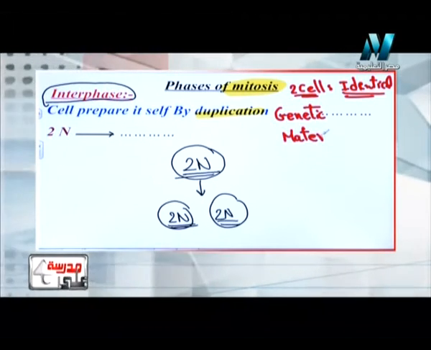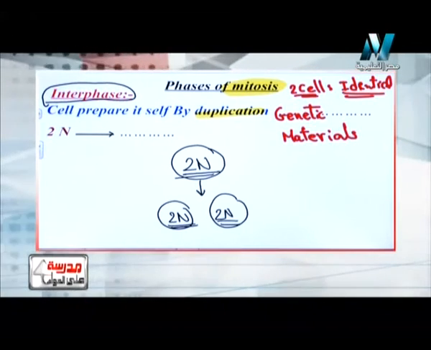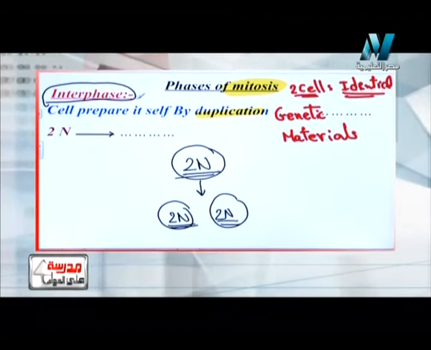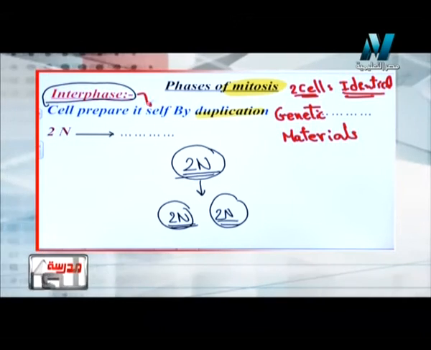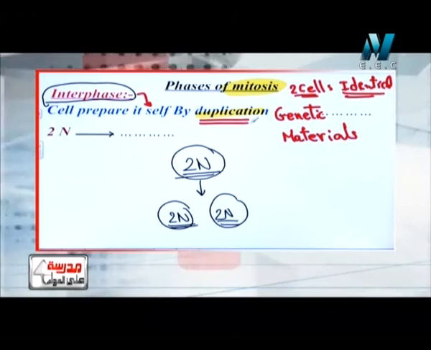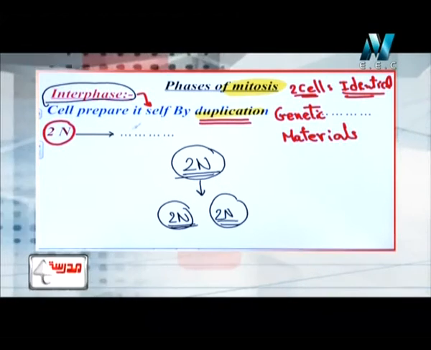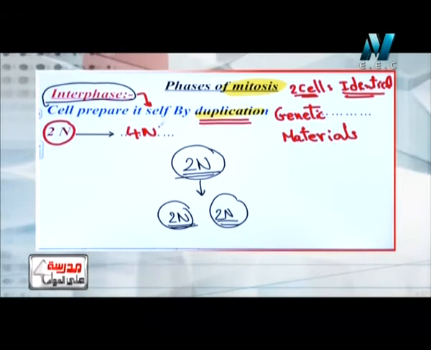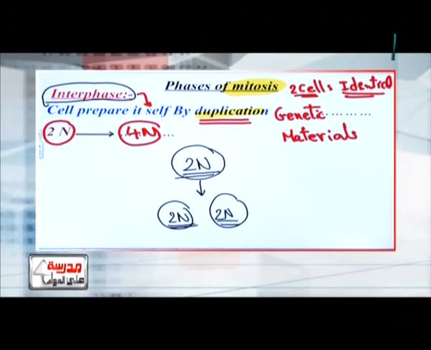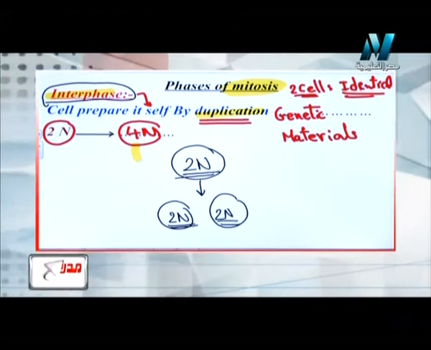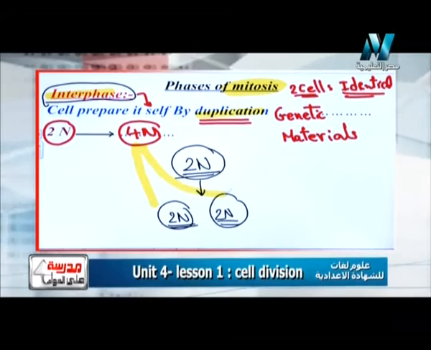So in interphase, the cell prepares itself by duplication of genetic material, and 2n becomes 4n. So 4n can divide into 2n and 2n.